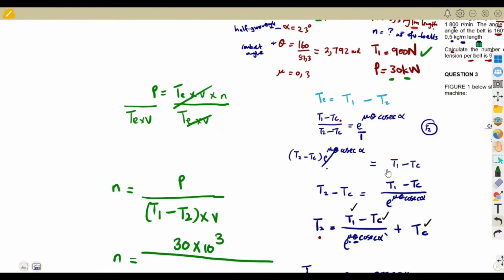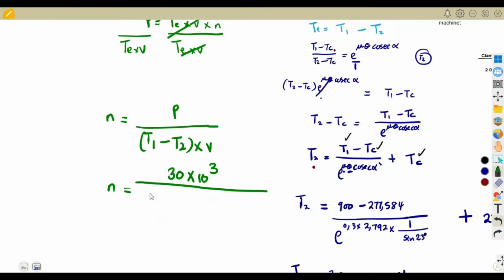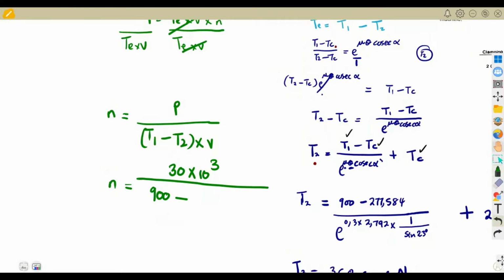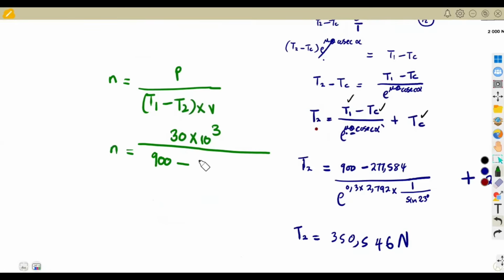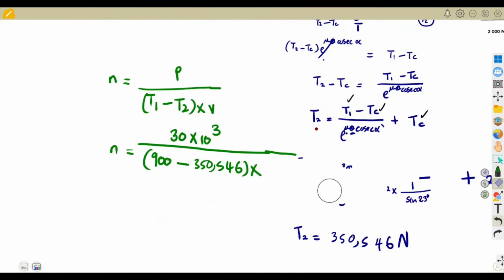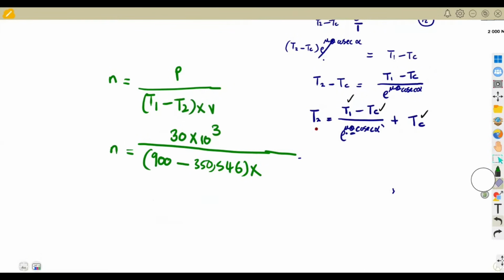So let us just substitute here. Remember, we calculated this T1, T1 was given, and we calculated T2. From this calculation, our T2 is 350,546. So here, we're going to multiply by the velocity. Guys, I think we now have this. I'm just going to remove this. Like I said, if I end up with a lot of information, these boards tend to misbehave.